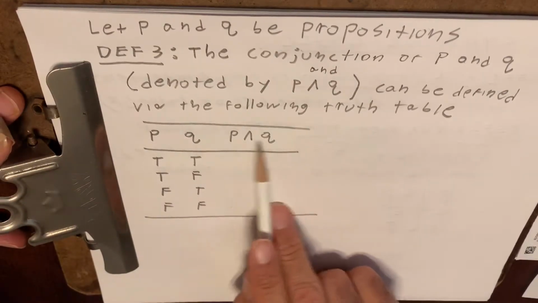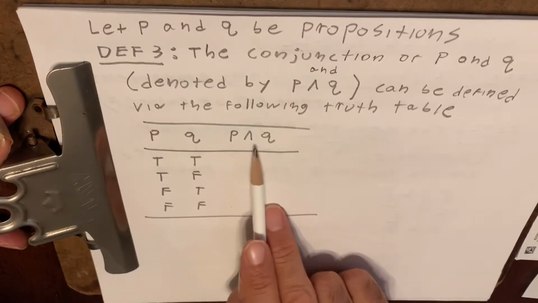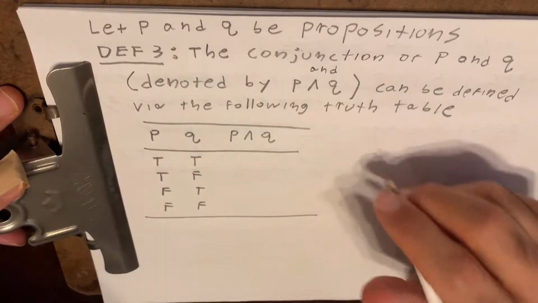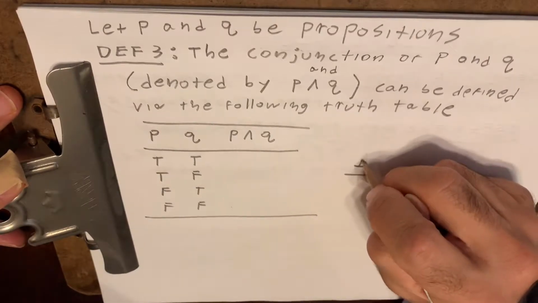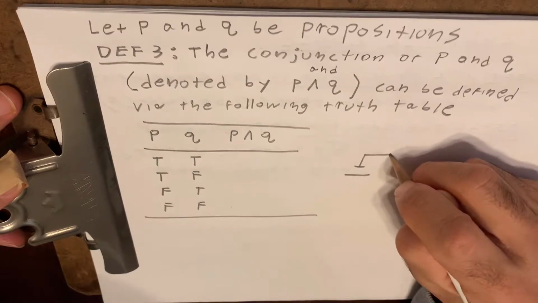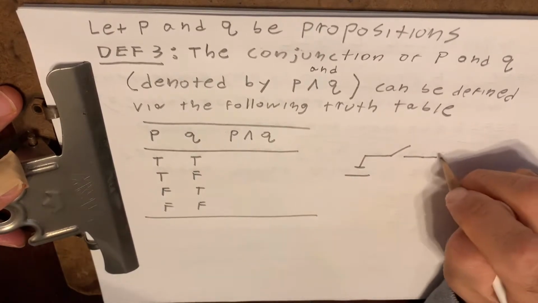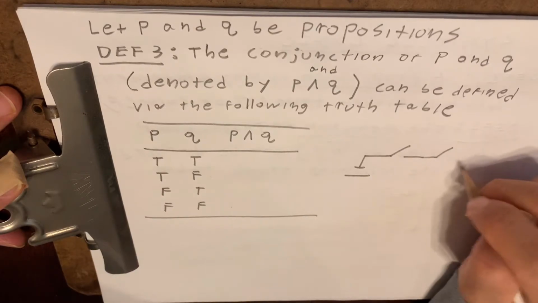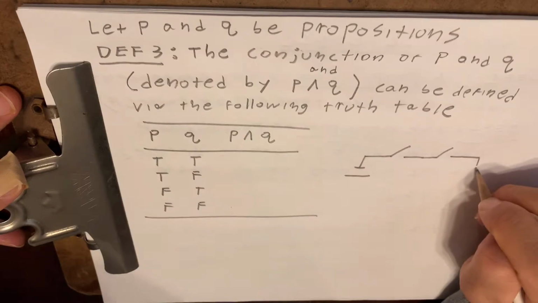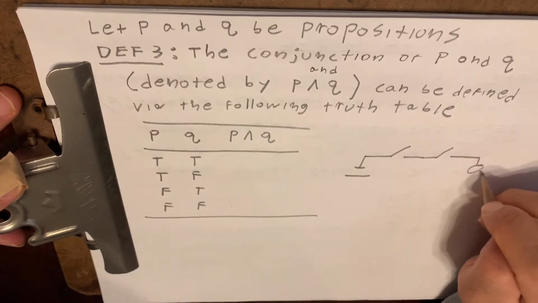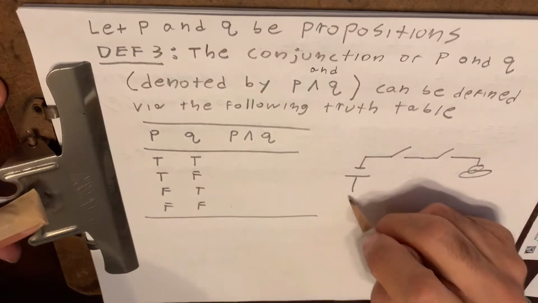Now, the way to remember the conjunction, P and Q, is to think of it as a circuit. Let's say we have a little battery here, and we have a switch, and then another switch. And let's say we have some kind of light bulb. It looks more like a flying saucer, but that's supposed to be a light bulb.